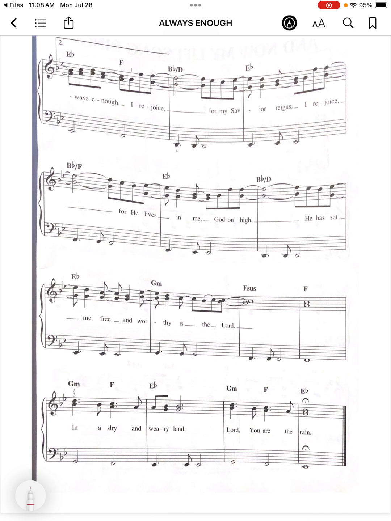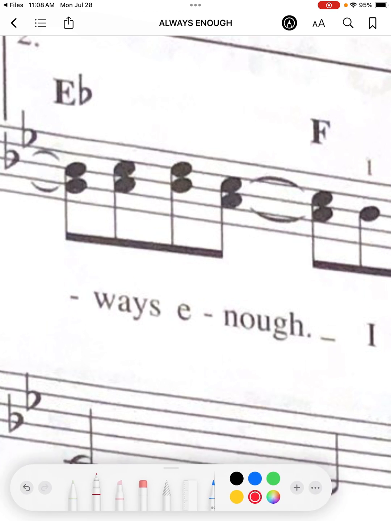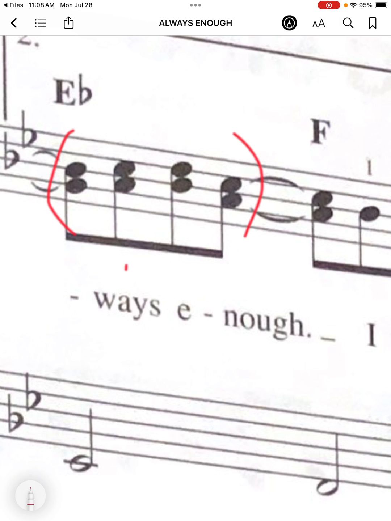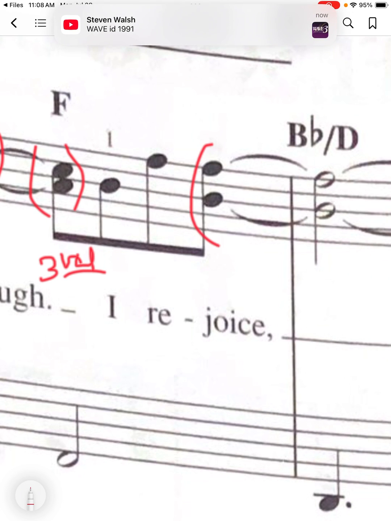Now the last page, I'll do it fairly quickly so you'll see where I'm coming up with. So this whole grouping up here is going to be all thirds. And then this one up here is a third. Second. And then you're going to go to, this is a fifth. Fifth on those.